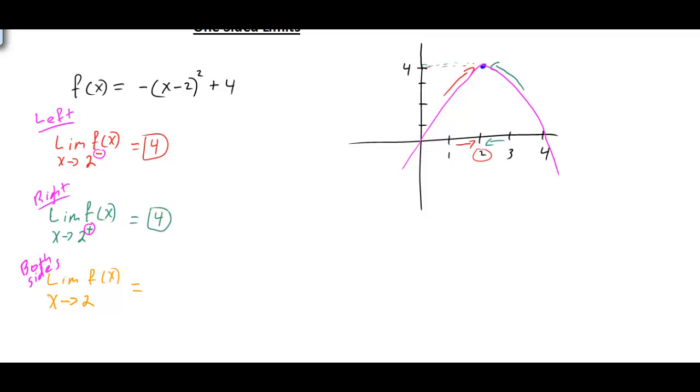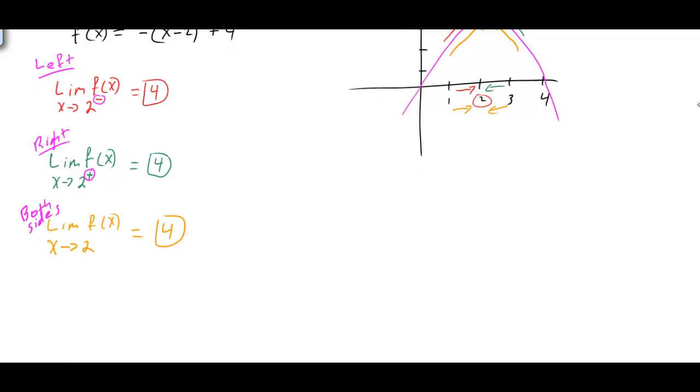If we're looking from the left side and from the right, as we get closer and closer to 2, we're approaching 4. If they're approaching the same number, then that tells us our limit exists as x approaches 2. So therefore, the answer for the two-sided limit here is also going to be 4.